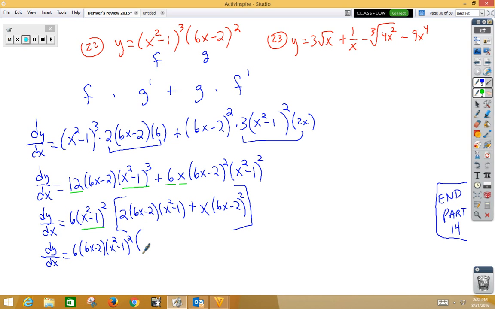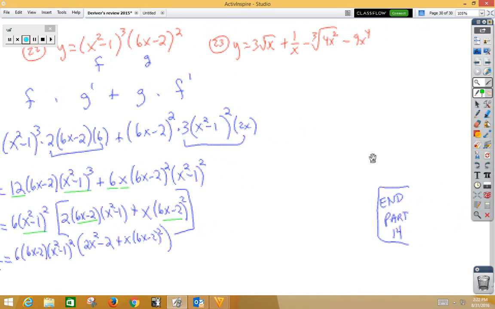Inside, we would have 2x squared minus 2 plus x times 6x minus 2 squared. So sometimes after you factor out something, you see that there was one more thing you could factor out, which you can always do later on a different step.